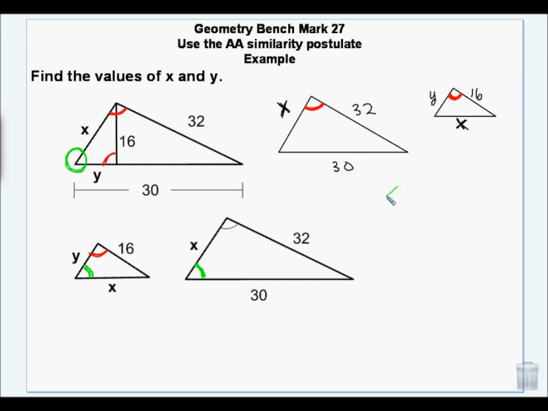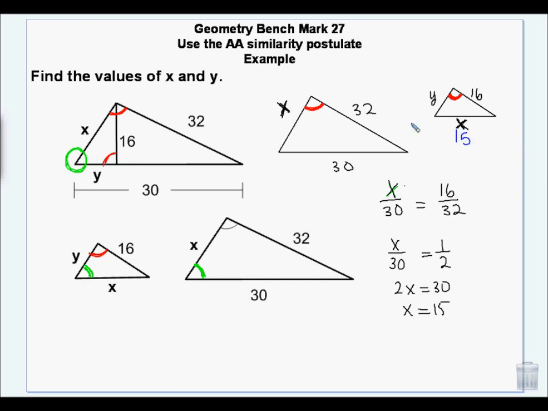So I use this X over 30, and that's equal to 16 over 32. Okay. And now if you look at this, 16 and 32 will reduce to 1/2. So I get 2x equals 30. So x is 15.